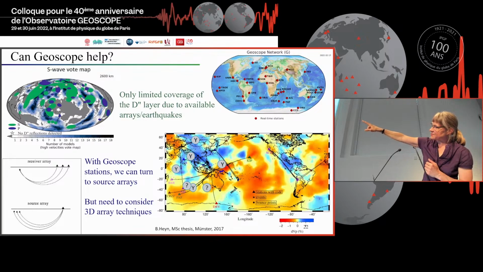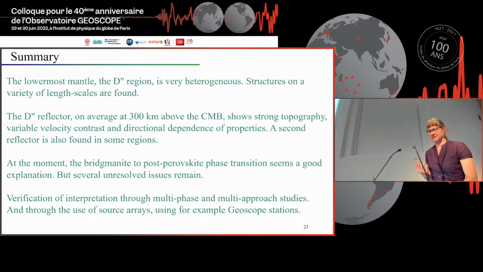So we found evidence where the Y's are, and we have something where we're not quite sure where the question mark R's are. So really, Geoscope will help and does help, because it will fill some gaps that we currently can't fill with normal data or our receiver arrays.